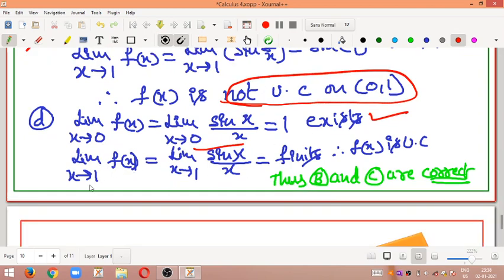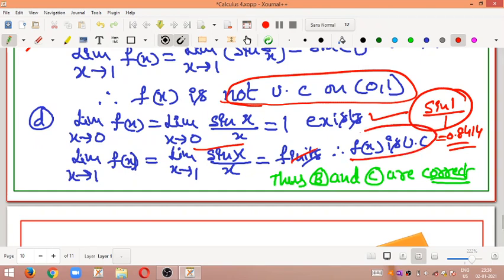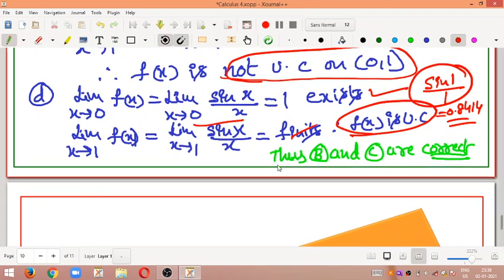Next step, the limit as x tends to 1 of f(x) equals the limit as x tends to 1 of sin x / x, which means sin 1 / 1. Sin 1 / 1 is finite. This value is 0.8414. So this is finite and exists. So the given function is uniformly continuous on the interval (0, 1). So this option is also a correct option.